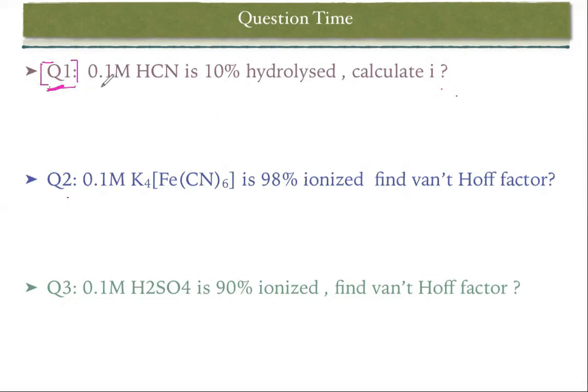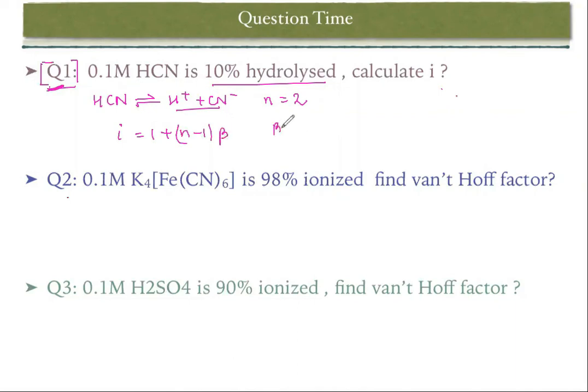Okay. So first question, 0.1 m HCN is given, 10% is hydrolyzed. When HCN is dissociated, it will form H+ and CN-. So here n is equal to 2 moles of ions produced. We know the formula i is equal to 1 plus (n minus 1) into beta.